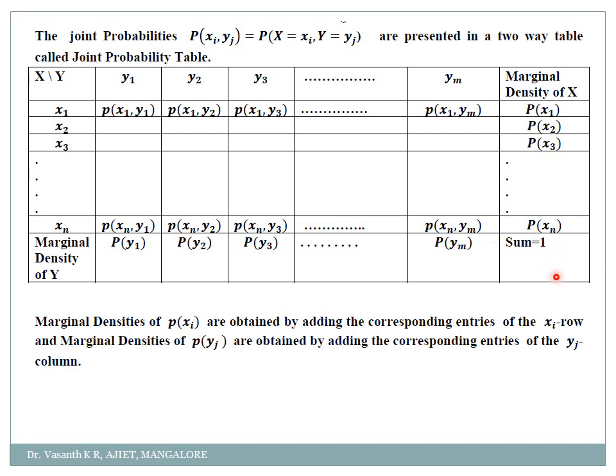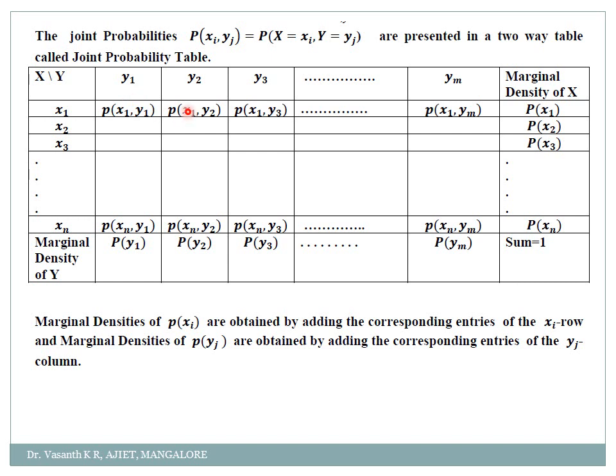Also, my dear students, sometimes instead of writing the probability of x1 y1, they write this notation as j of 1 comma 1. Instead of writing x1 y1, they might write it as j of 1 comma 1, meaning the joint probability at position 1 comma 1, correct? So instead of writing p of x1 y1, they also write it as j of 1 comma 1.